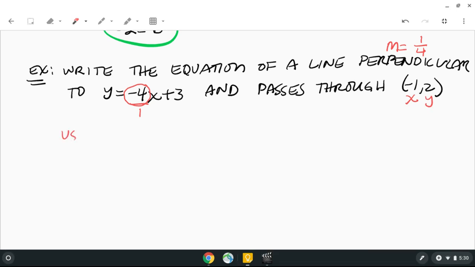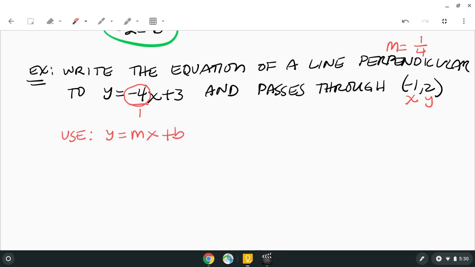Okay, and we're going to do the exact same steps that we did in the previous problem. We are going to use y equals mx plus b, because I need to solve for b. So I'm going to plug in for y, I'll plug in for m, and I'll plug in for x. So y is 2.